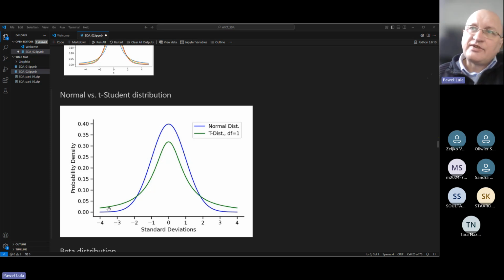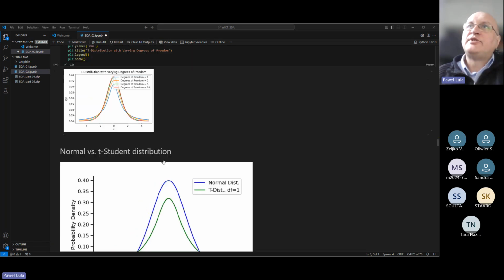But differences here and here are not big, rather are small. But t-student distribution is very useful when we are talking about verification of statistical hypothesis. Therefore, we should remember about this distribution.